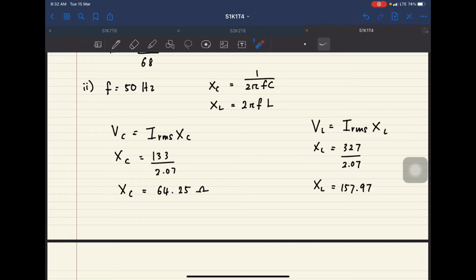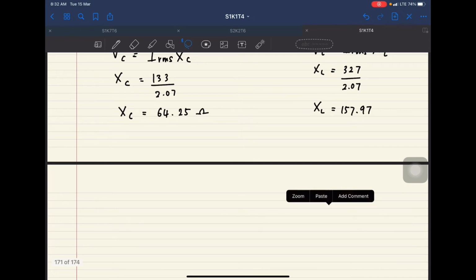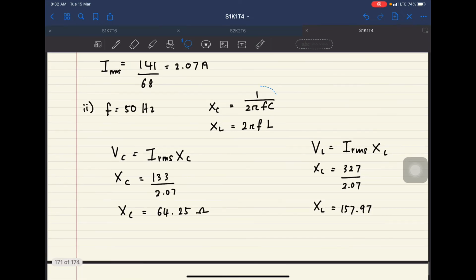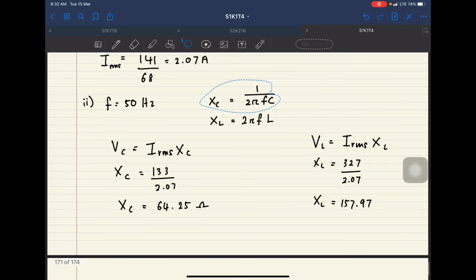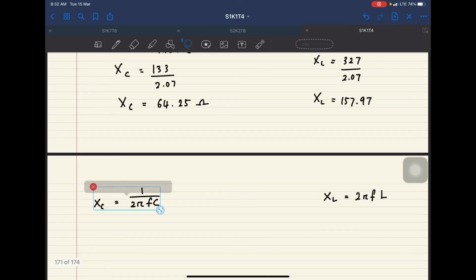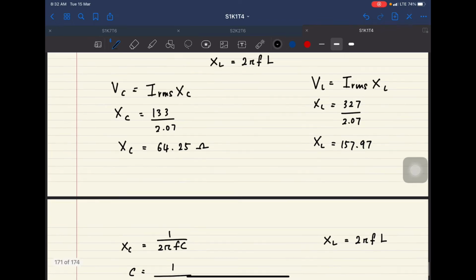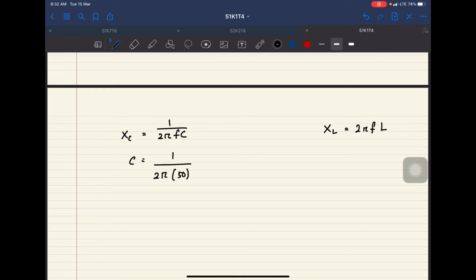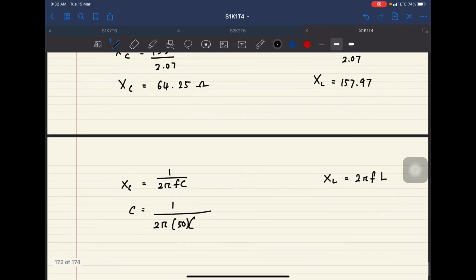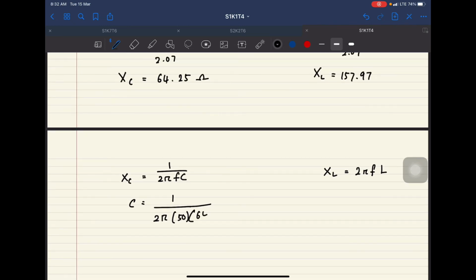Okay, now you just want to apply this formula. And then you can find the capacitance. So your C is equals to 1 over 2 pi, frequency is 50 Hertz. Double check, yes. Multiply with the XC, which is 64.25.